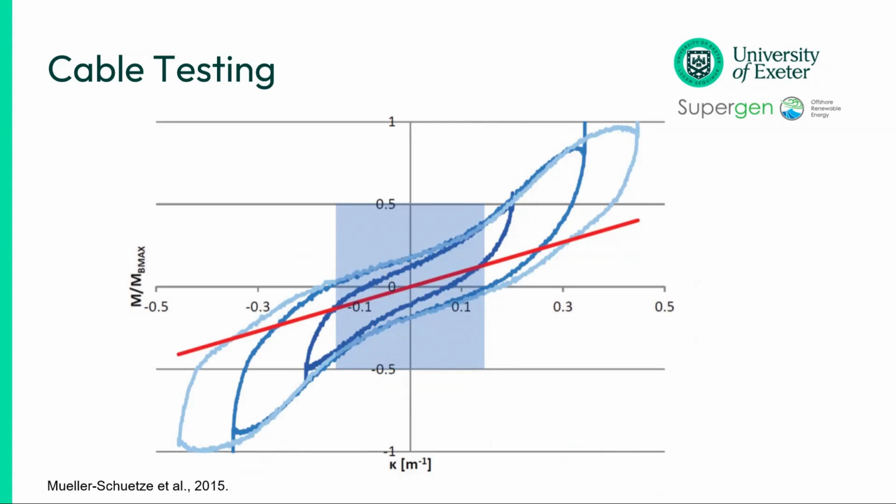One of the primary reasons why we do that is this plot here, one of the few that is published and which I can show, but you get something similar for every cable type for testing. It's really the hysteretic behavior and what's called the stick-slip behavior of those cables. You have the curvature on the x-axis and the ratio of the bending moments on the y-axis, and the slope of those curves is effectively the bending stiffness of the cable under test here.